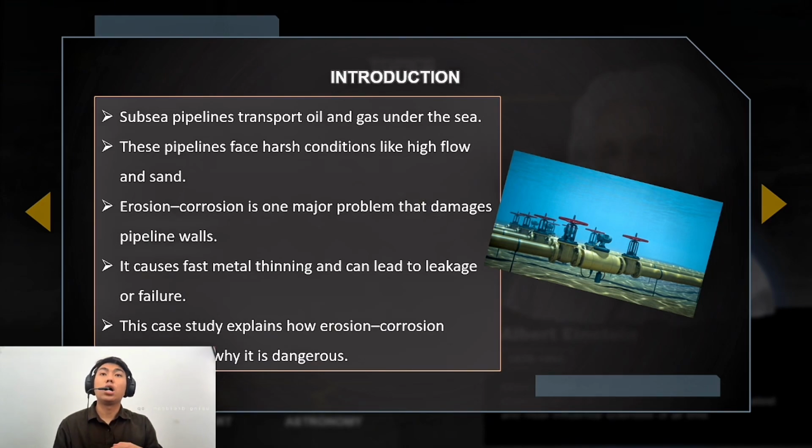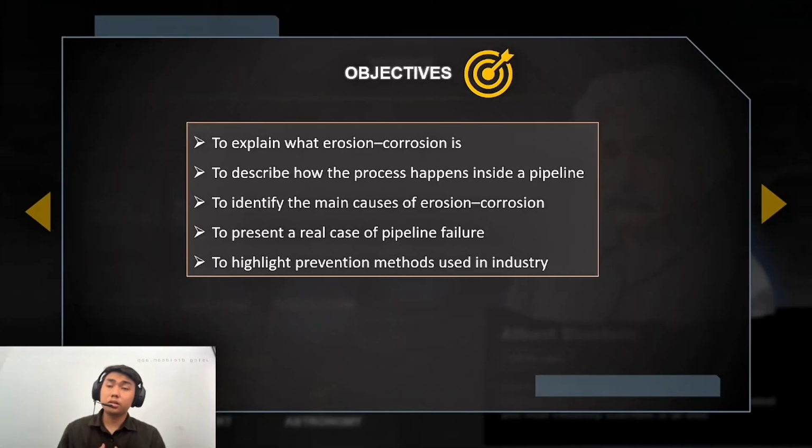So let's continue to the objective. Next, I will explain the objective of my presentation. The first objective, as you can see, is to explain what erosion corrosion is. The second objective is to describe how the erosion corrosion process happens inside a pipeline step by step.